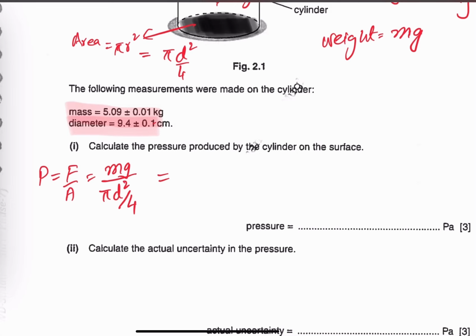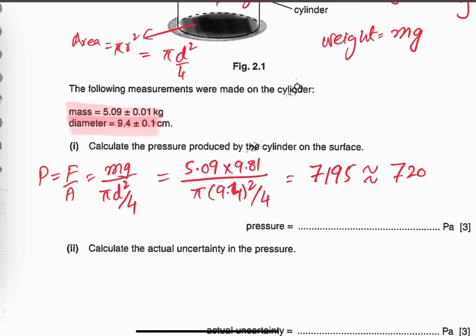Putting the values, mass is 5.09 into 9.81, diameter is 9.4 square divided by 4. That will give you 7195, which can be written as 7200 Pascal. So 7200 Pascal is the answer.